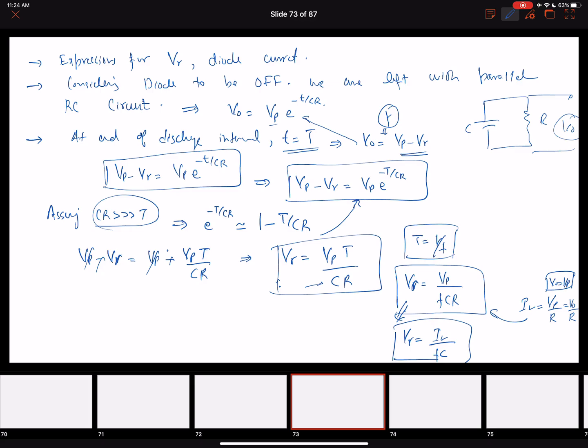So ripple voltage, of course, depends on this time constant CR value. Of course, it also depends on the time period of the waveform, because the CR and T condition is related to both of these parameters. And of course, our VR also depends on the overall peak voltage value of the input waveform that we are trying to rectify.